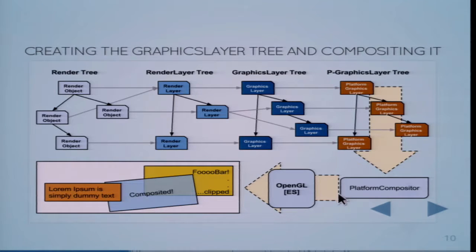And then we use some platform compositor, which uses OpenGL, and actually we draw the whole scene. So this is the whole step of how we render the web page.